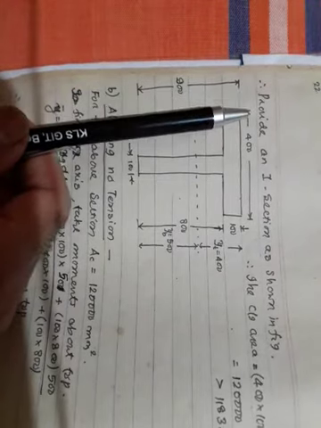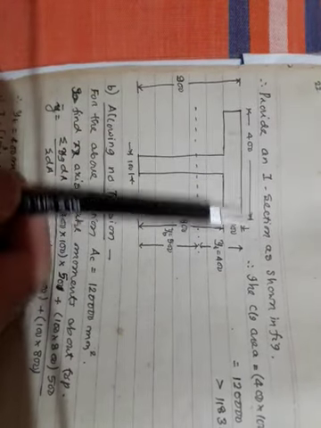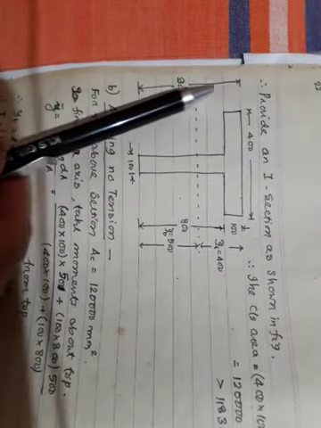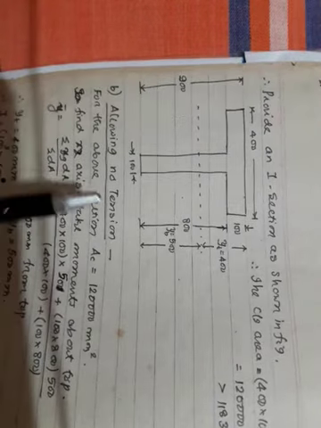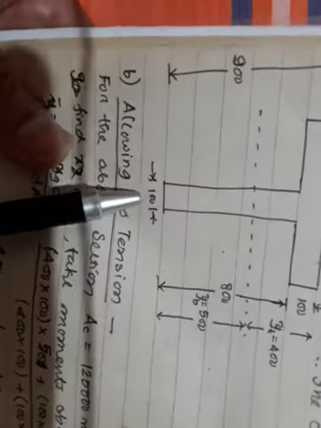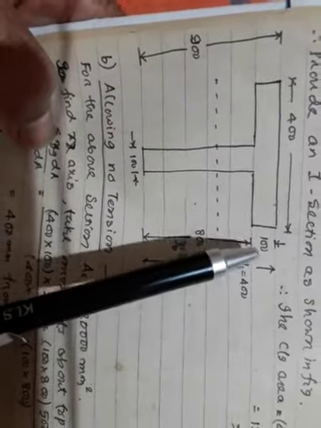See now, the modified dimensions are shown here. Instead of 500 I have given 400 mm, and instead of 1000 mm, 900 mm. This I have also reduced to 100 mm, and this also I have reduced to 100 mm.